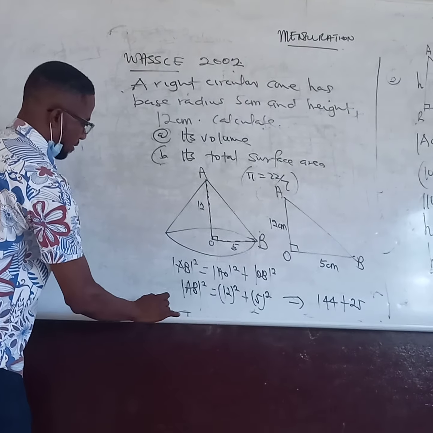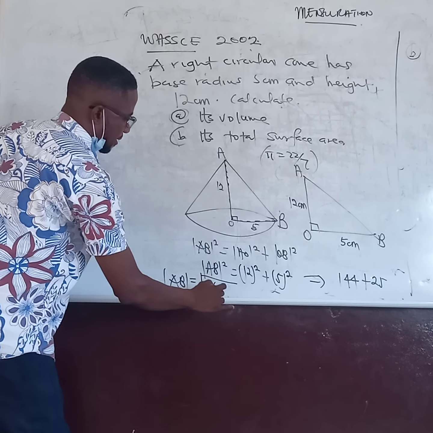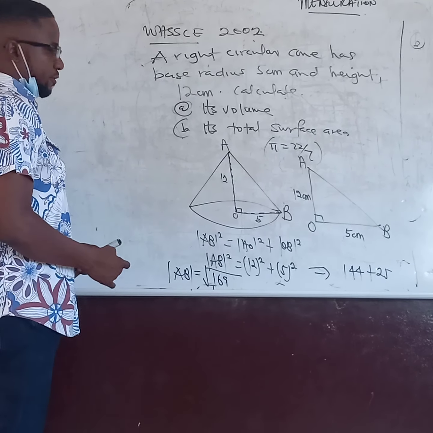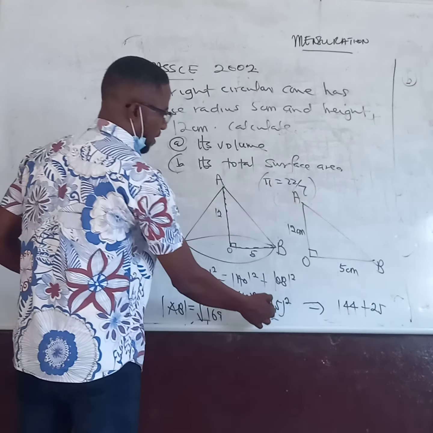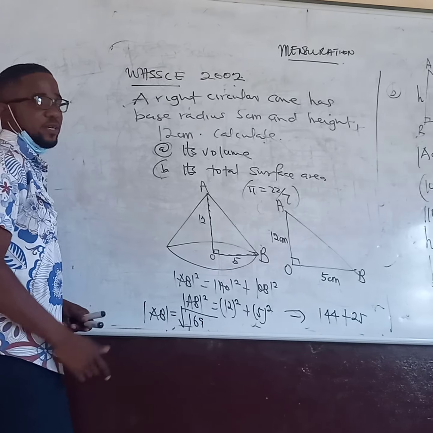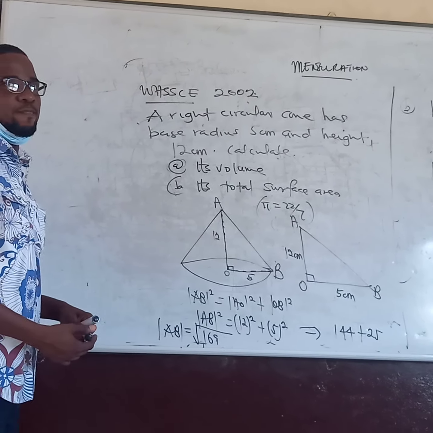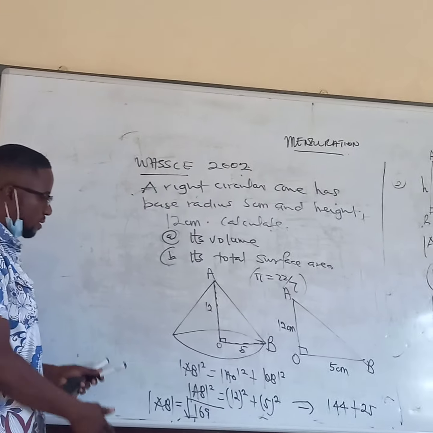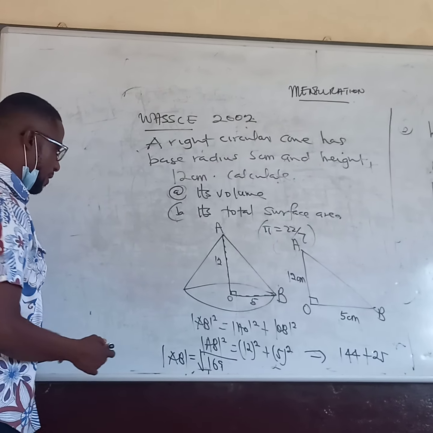Hence AB is equal to the positive square root of 169. The square of 12 is 144, and the square of 5 is 25, and the sum of the two gives us 169. So to find the length of AB, we take the positive square root of 169.